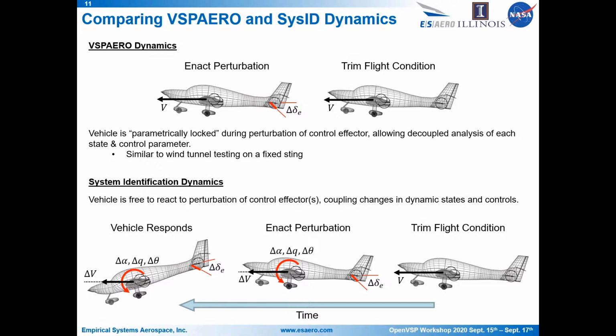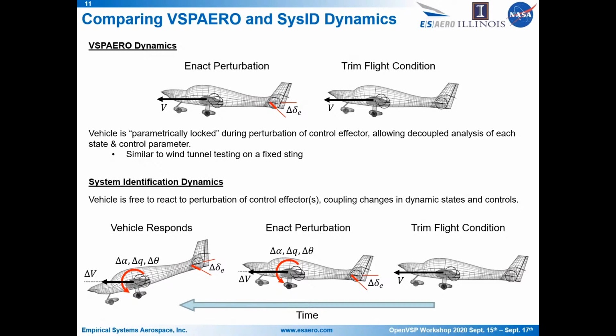So with our example, again, if you're at a trim flight condition and you deflect the elevator, you will have a very quick response which changes other state parameters such as airspeed, angle of attack, nose down pitch rate, and attitude, which will continue to change throughout time very quickly. And you find yourself in a different dynamic state than you were before.